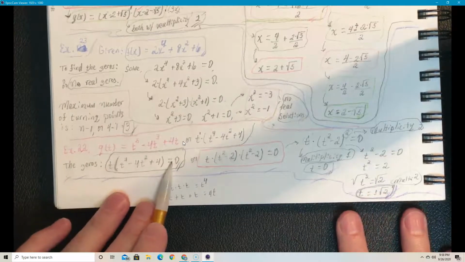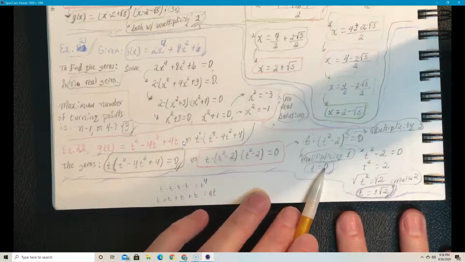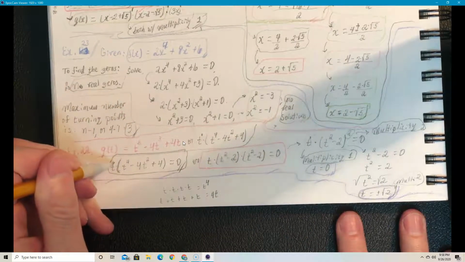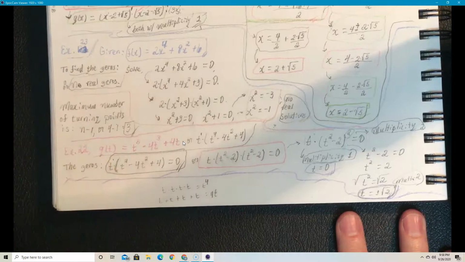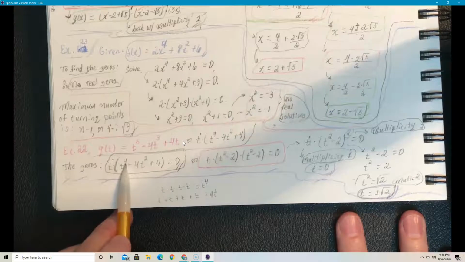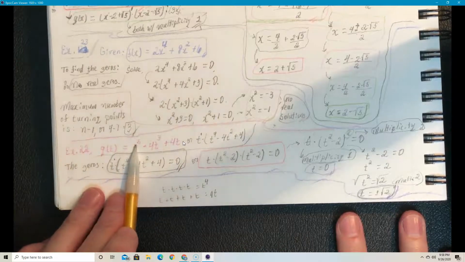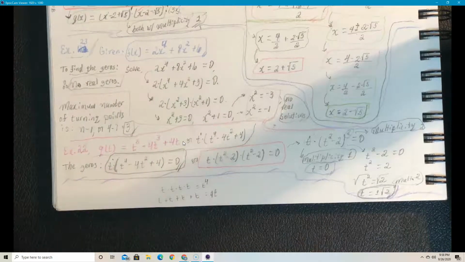T equals 0. That's going to be one of our zeros. And because this is t to the 1st, that's multiplicity 1. Here we have t to the 4th minus 4t squared plus 4. That's going to count for 4 of our zeros, because there has to be a total of 5 multiplicity.